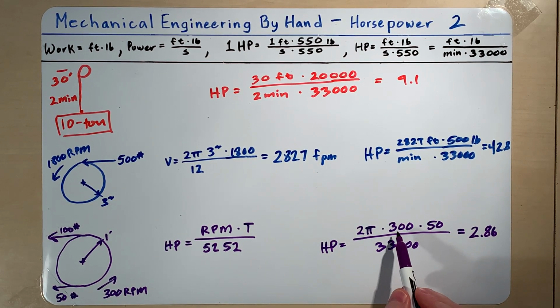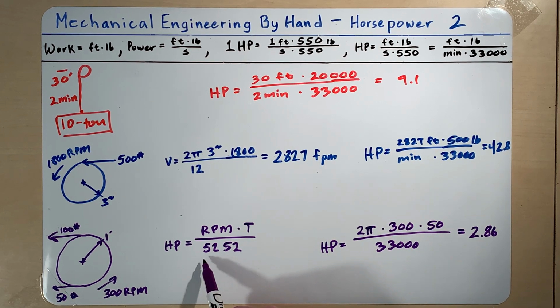RPM is here, and then 2 pi divided by 33,000 is equal to this 5252. So that's where that equation comes from. It's just 2 pi divided by 33,000 is the denominator, and then you have RPM and torque in foot-pounds.